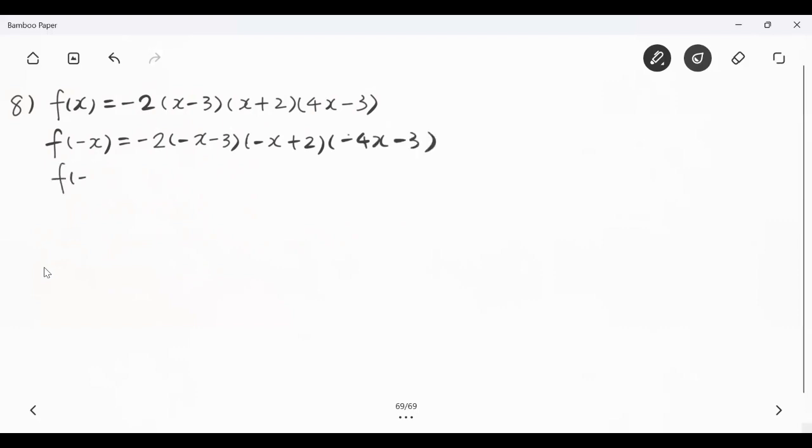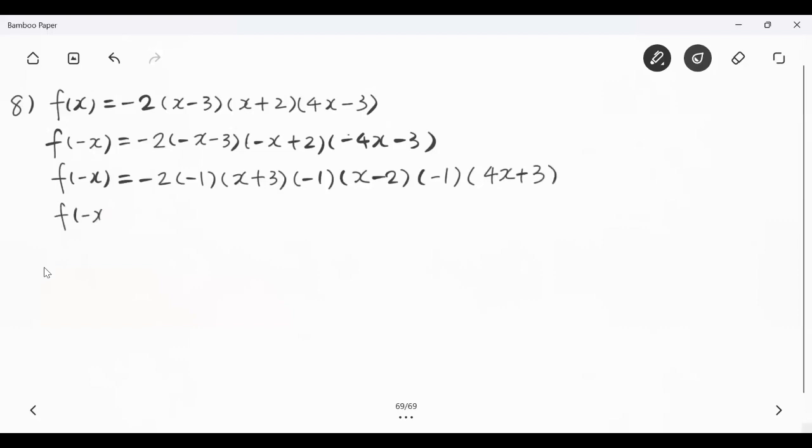And then simplify the function. So we find the negative 2 and negative x, negative 3, take the negative 1 out. So it becomes (x plus 3). And this term, take negative 1 out. So it becomes (x minus 2), right? And the last one also take the negative 1 out. So the inside becomes (4x plus 3), right?